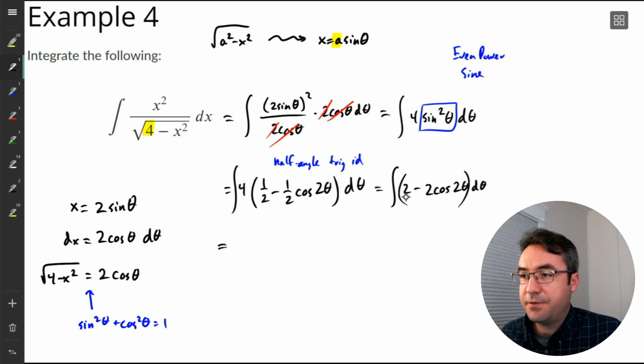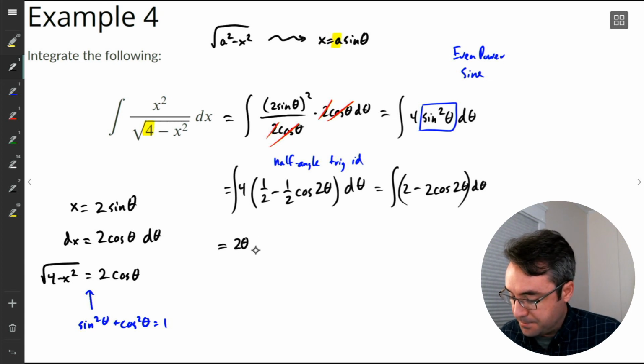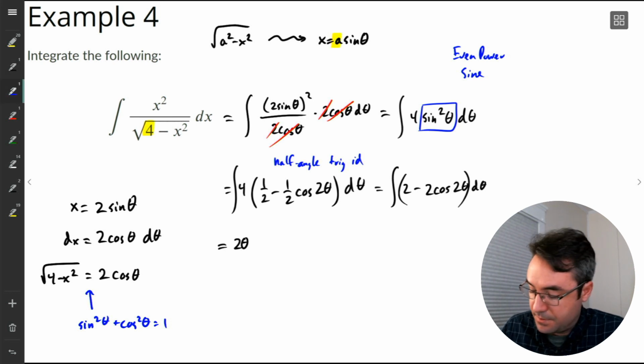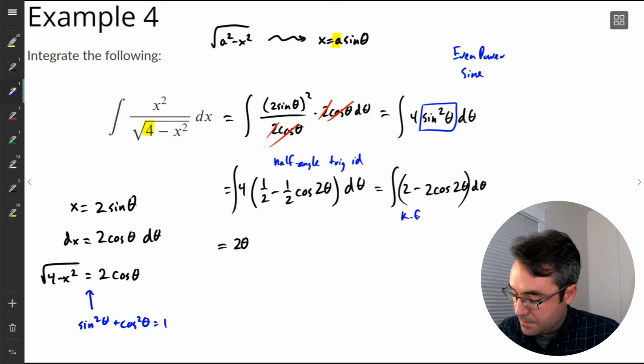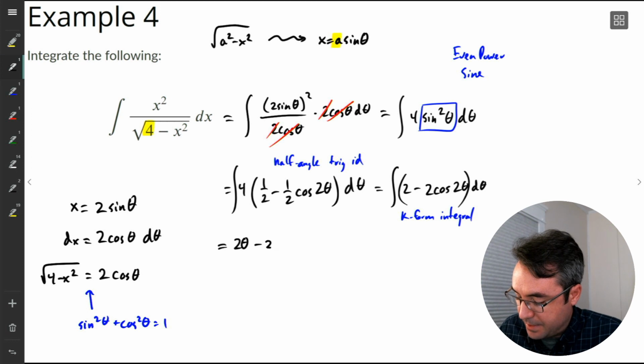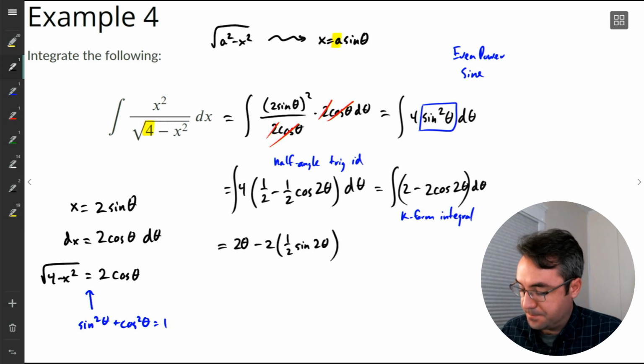So the antiderivative of 2 is going to be 2 theta. And then the antiderivative of this cosine 2 theta term, this is one of our k-form integrals. So the antiderivative of that is going to be negative 2 times 1/2 sine of 2 theta.